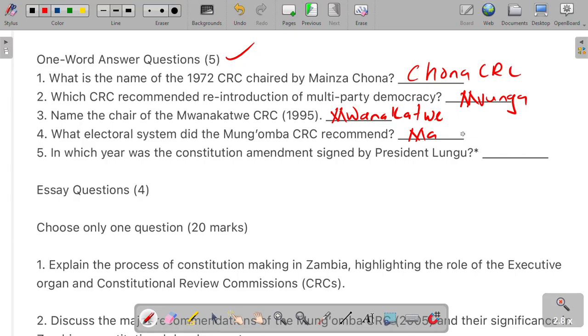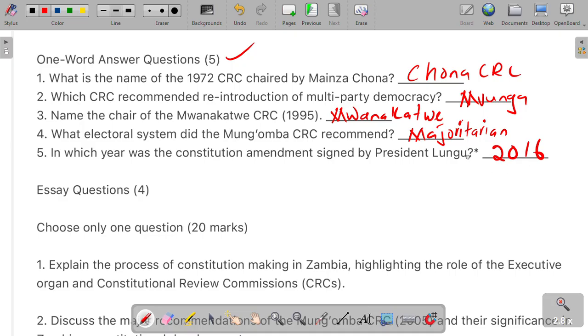The Mungomba CRC recommended the majoritarian kind of electoral system. 5. In which year was the Constitution Amendment signed by President Lungu? Which year was that? 2016.